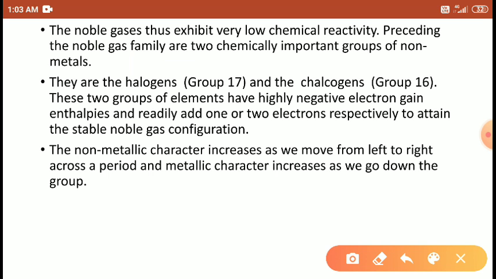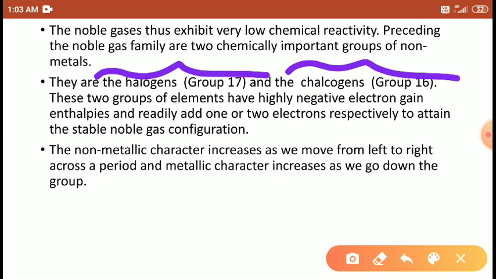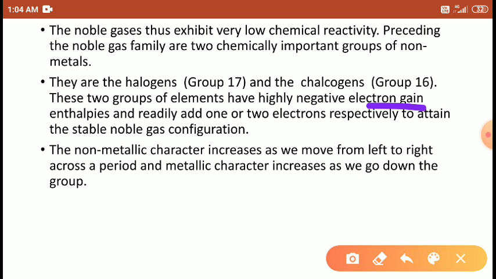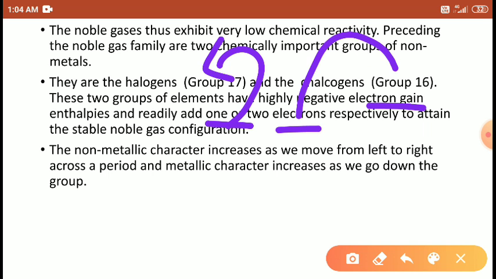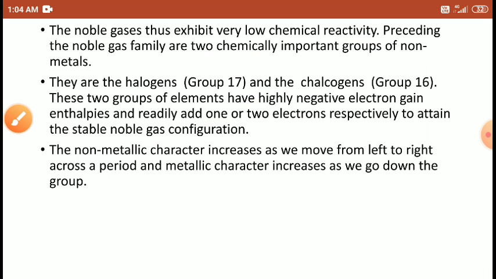Right, students? The halogens and chalcogens accept electrons more easily and develop a negative charge. The halogens accept 1 electron, and the chalcogens accept 2 electrons, right?